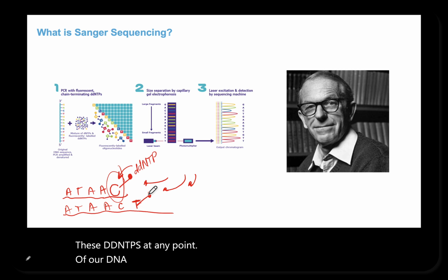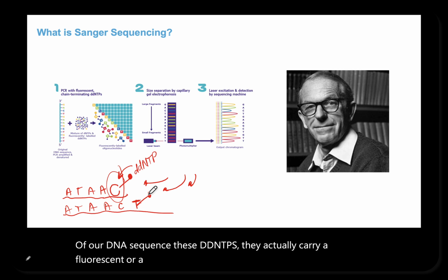These ddNTPs carry a fluorescent or a radioactive label in their molecule. Because they are fluorescent, they can be detected.